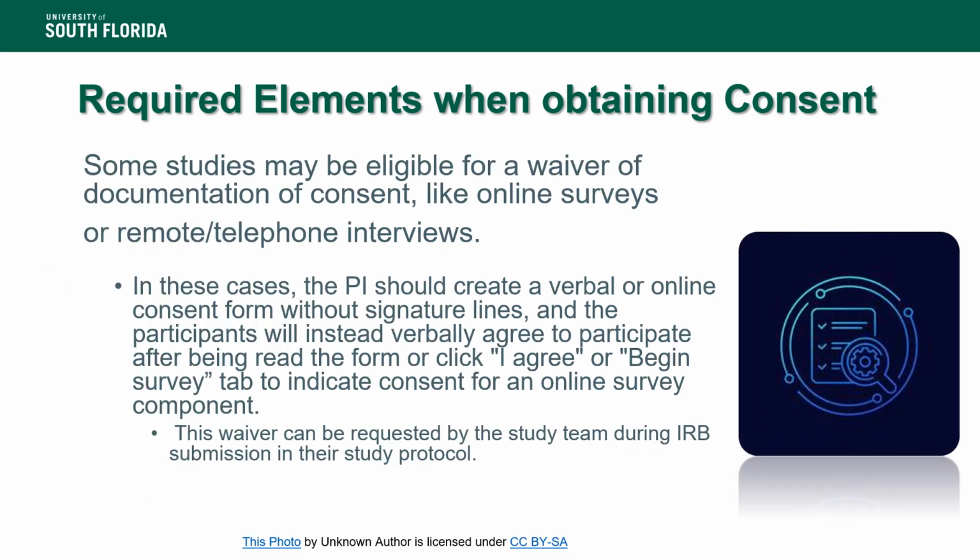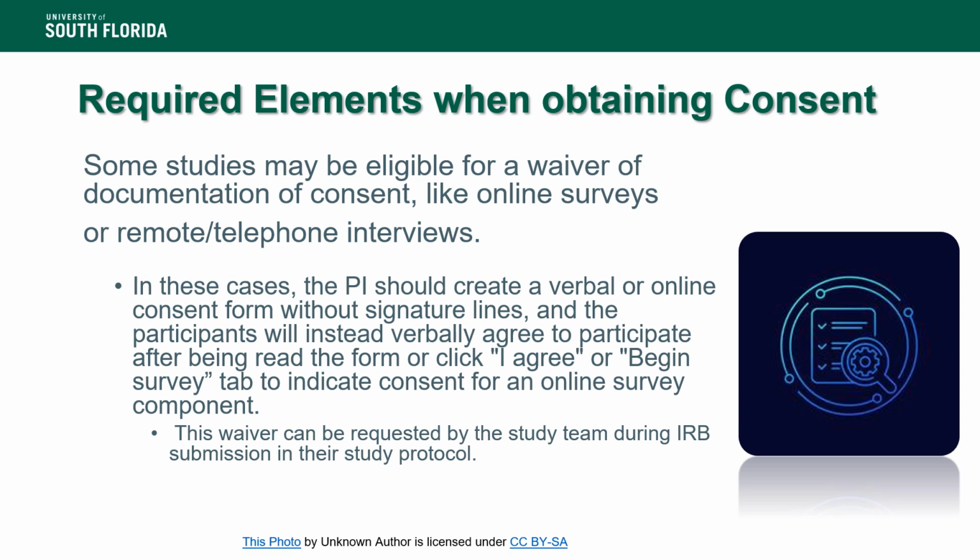Some studies may be eligible for a waiver of documentation of consent, like online surveys or remote telephone interviews, and we spoke about this. In these cases, the PI should create a verbal or online consent form without the signature lines, and the participant will instead verbally agree to participate after being read the consent form, or click an I agree or begin survey tab to indicate consent on an online survey component.